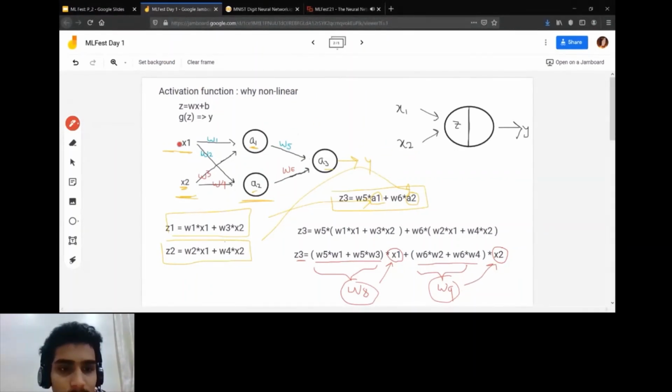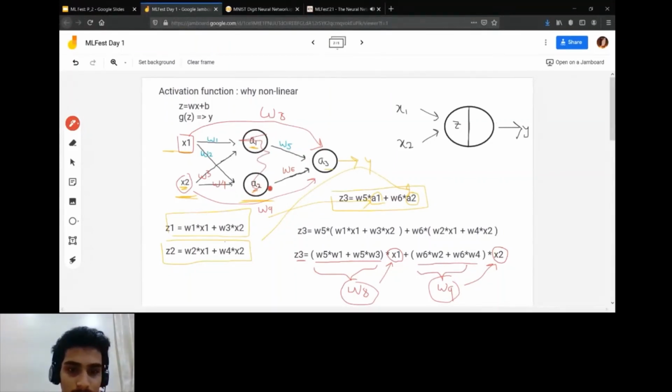Basically our inputs x1 and x2 are going directly to the output neuron through some weight w8 and some weight w9, so there's no use of these layers, of these neurons.